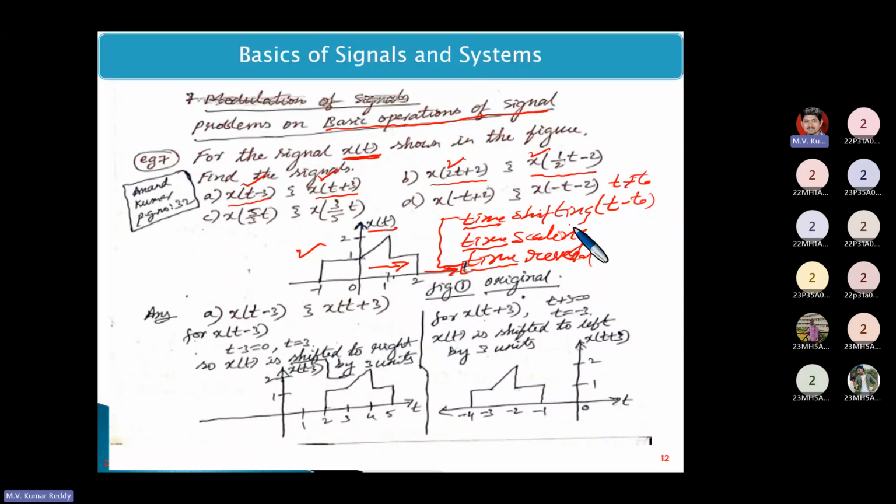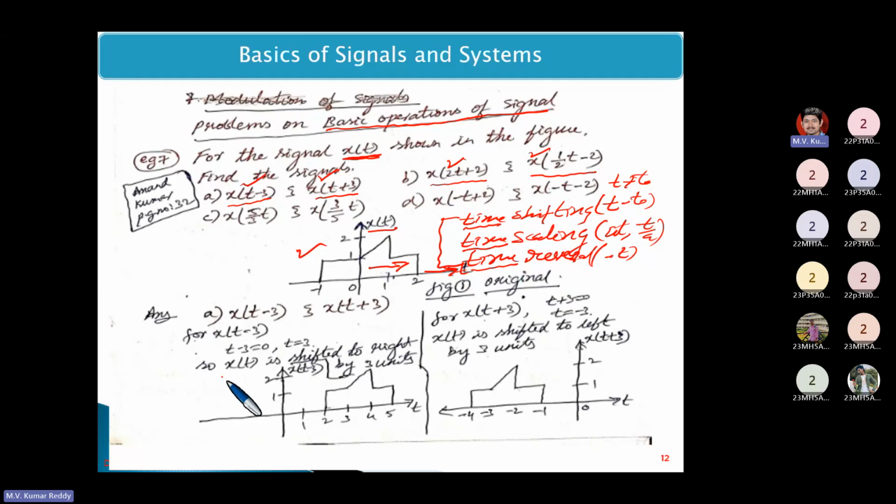Next, time scaling. Time scaling is a into t or t by a. Next, time reversal. t is replaced with minus t. In the problem we can understand these: time shifting, time scaling, time reversal.